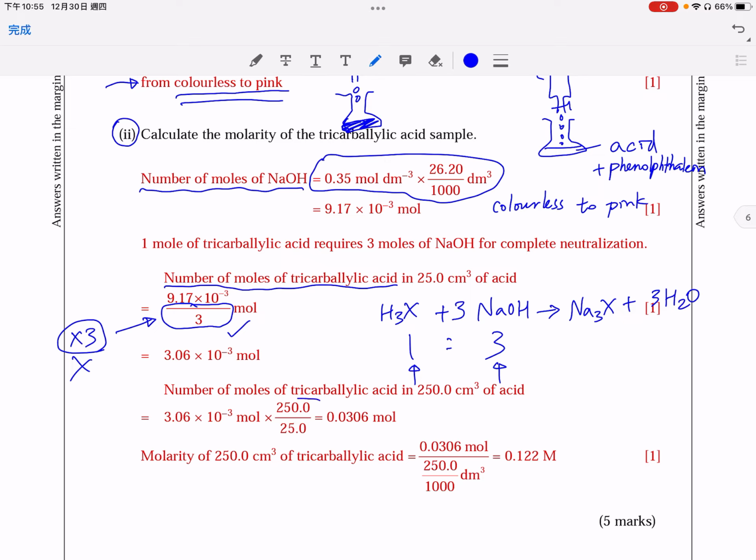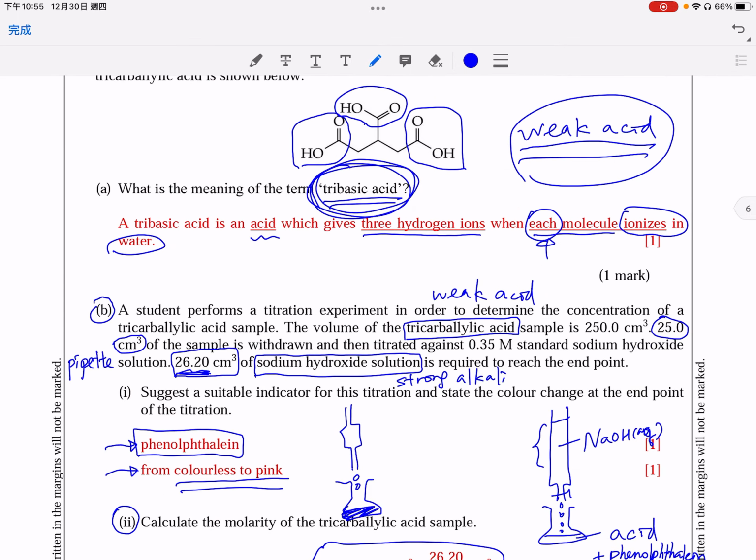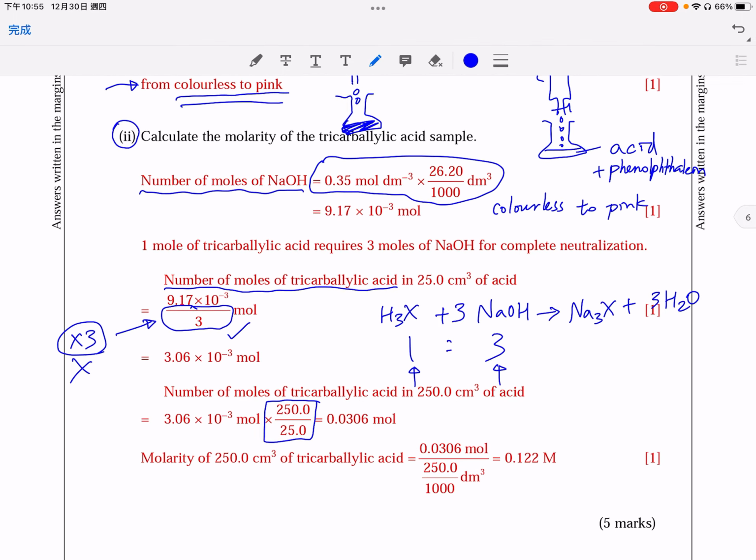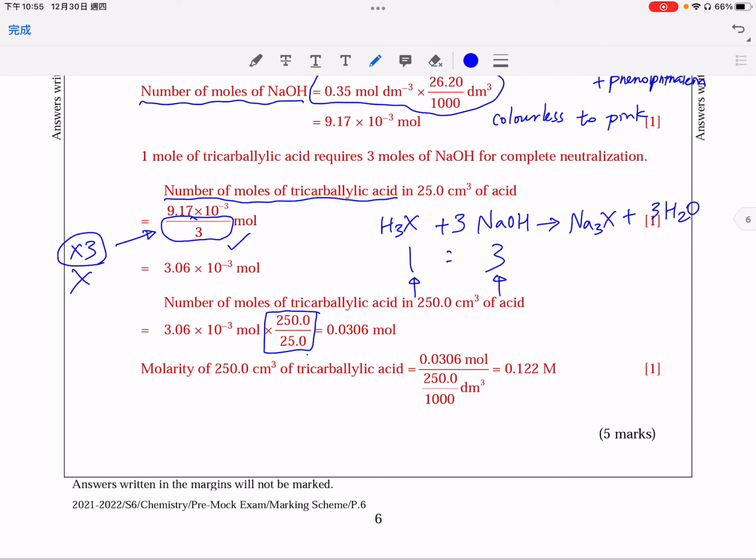Finally, towards the end, you have to multiply this factor to the number of moles of acid you calculated, because during the experiment, there is such a step: you extract or withdraw just 25 from 250 cm cube of the sample. So you have to include this factor.